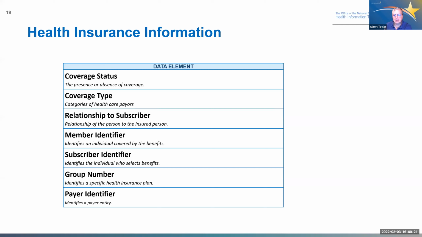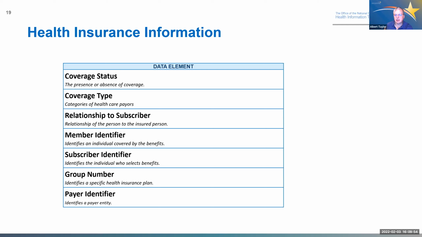We did that because we felt the status itself, rather than the association with a particular claim, is its own valuable piece of data. And it identifies a group of patients, especially the absence of coverage, that may require additional assistance or additional focus to ensure that their care is provided in an equitable manner.